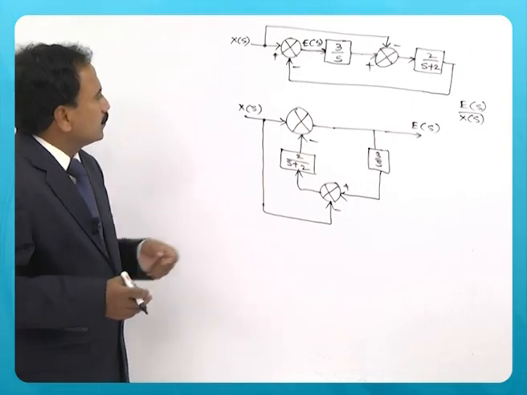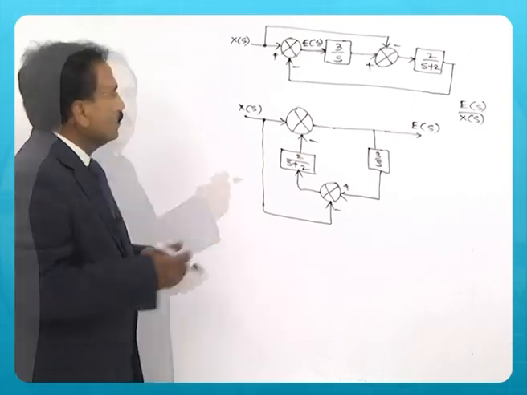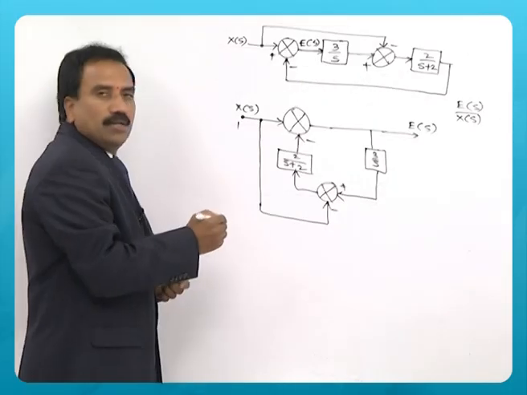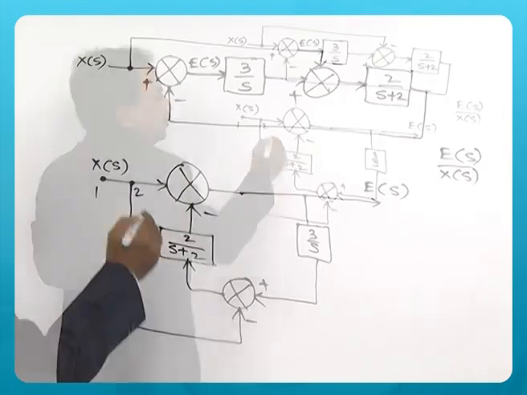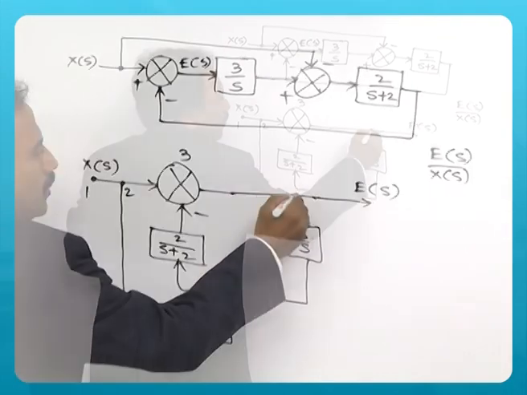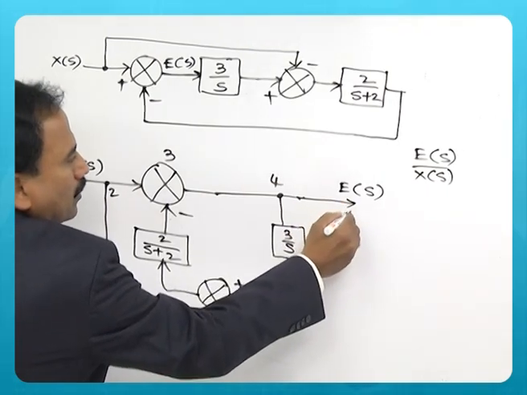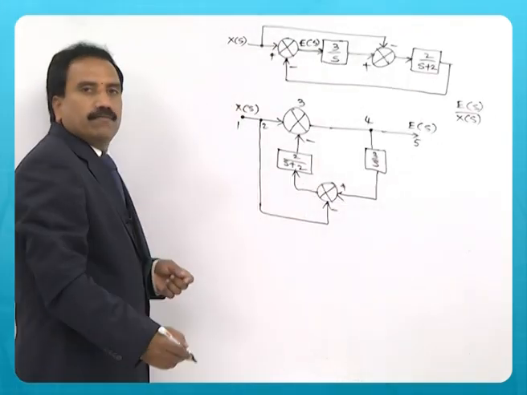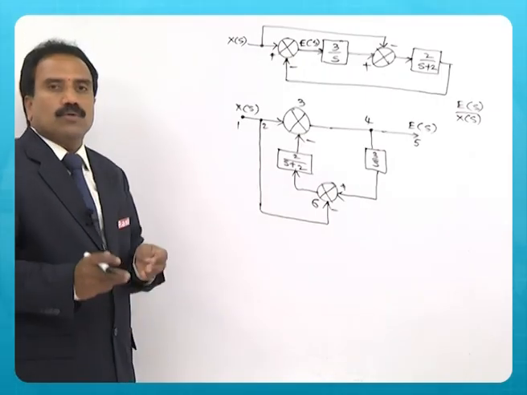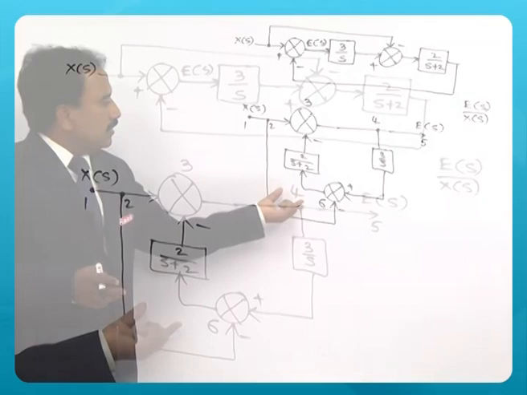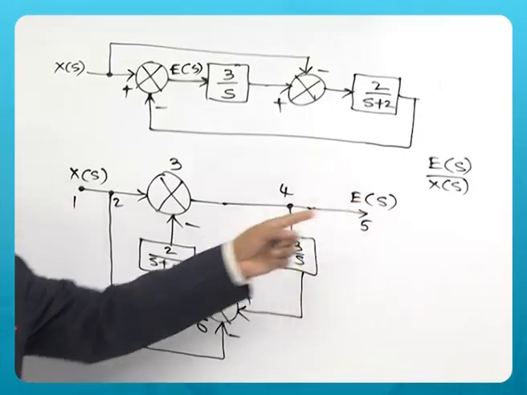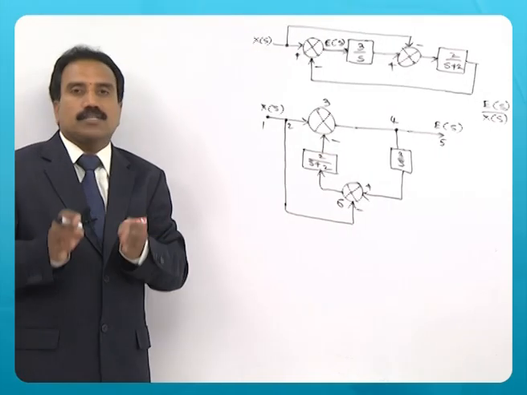easy manner. So for this, again you need to put the nodes starting from input node 1, takeoff point 2, summing point 3, takeoff point 4, output node 5, and summing point again here 6. So the number of nodes in the block diagram that is redrawn to find E of s by x of s are 6.